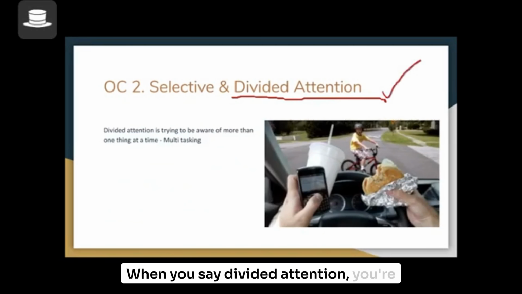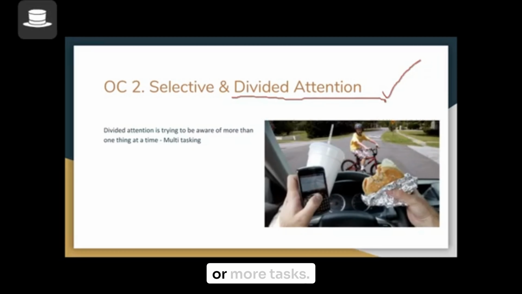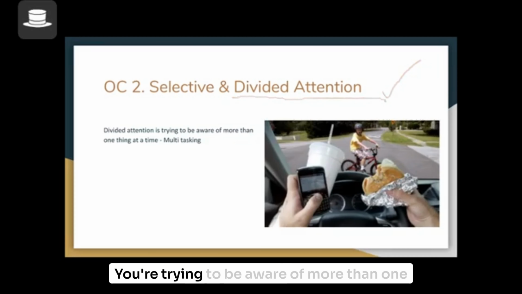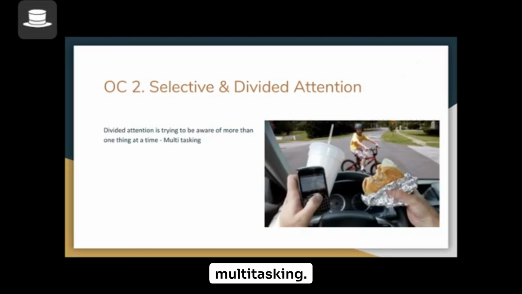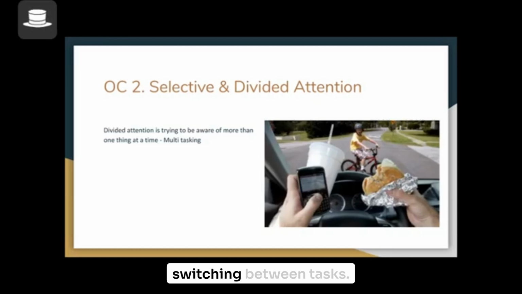When you say divided attention, you're basically dividing your attention resources between two tasks. In other words, you're trying to be aware of more than one thing. Let's say you're driving and texting, or driving and eating, or things like those: multitasking. Keep in mind that multitasking is a myth in the sense that it feels like you can do multiple things, but what you're basically doing is switching between tasks.